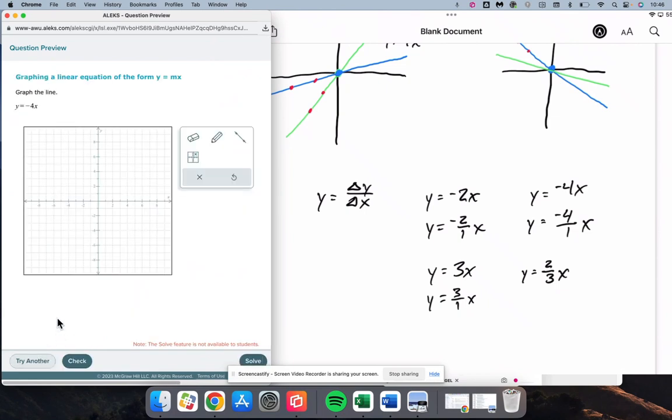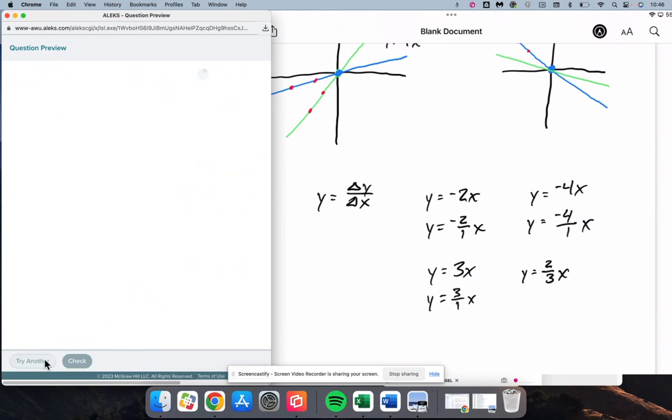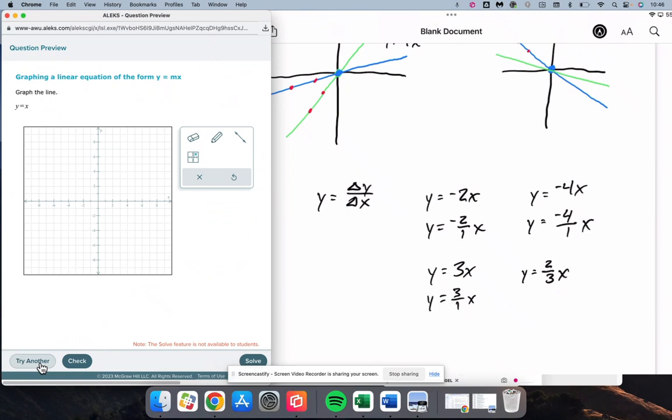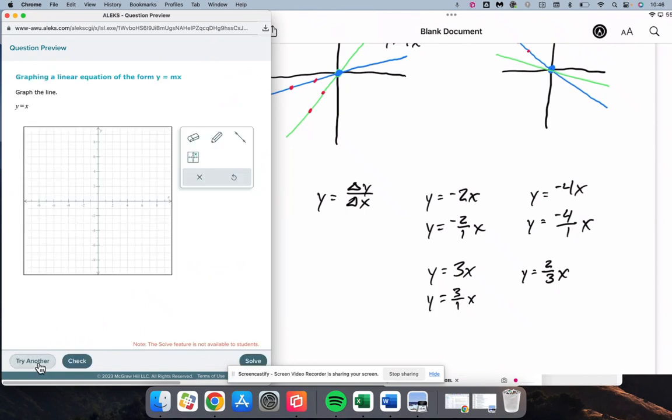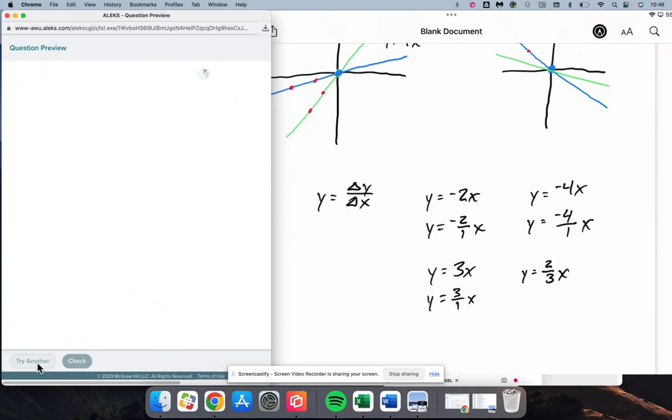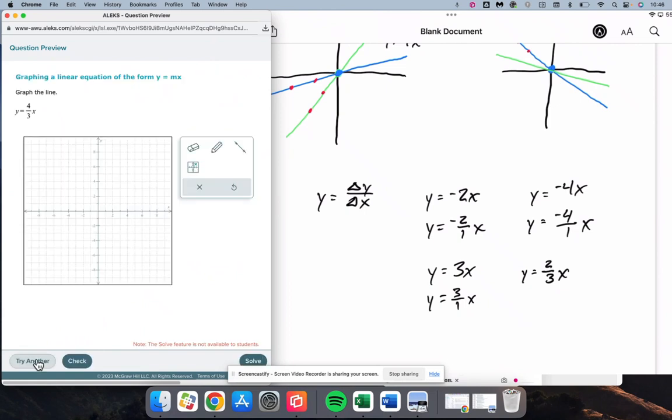We'll see if we can get one more with a fraction in it that's negative, maybe. We're not getting a negative one, so I'm going to pretend that this is negative. If I had a negative out here in front, it would tell me to go down. This is positive.